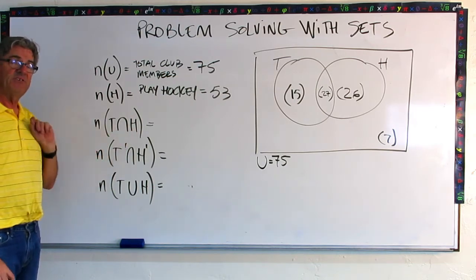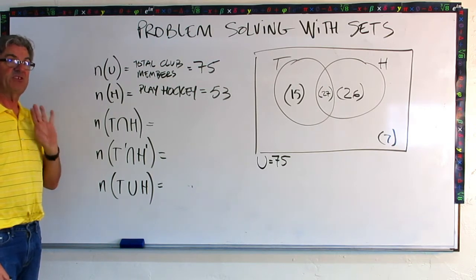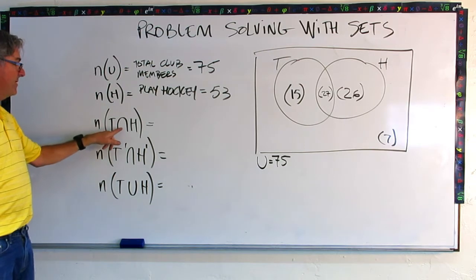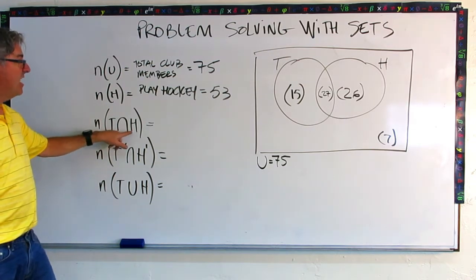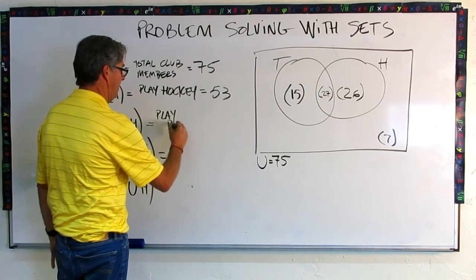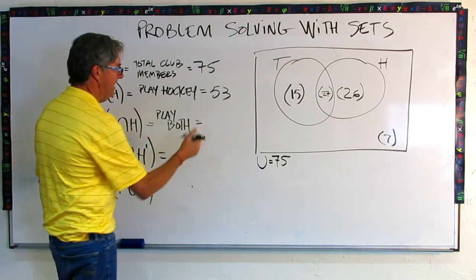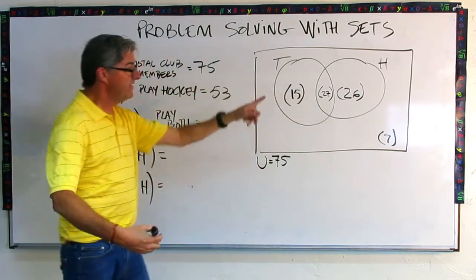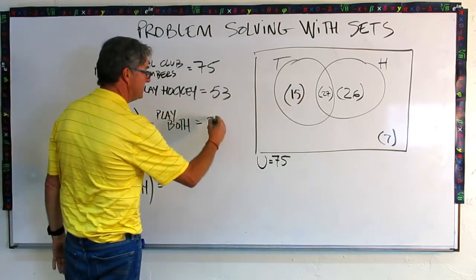Pause the video and see if you can put that into just everyday words. This is the people that both play tennis and hockey, so this is play both. And now that's on our Venn diagram right there. That's the 27. That's the intersection of both these sets.